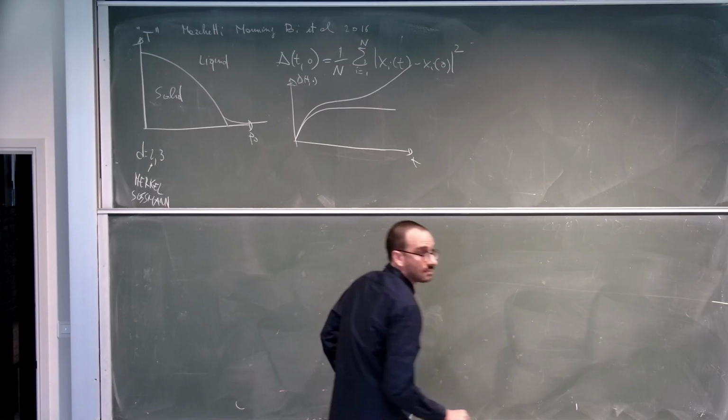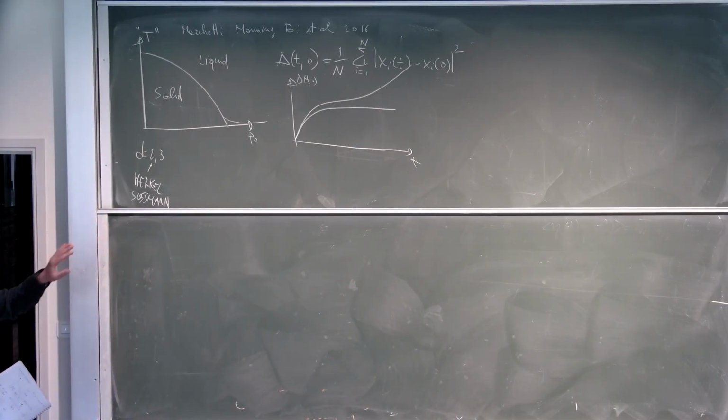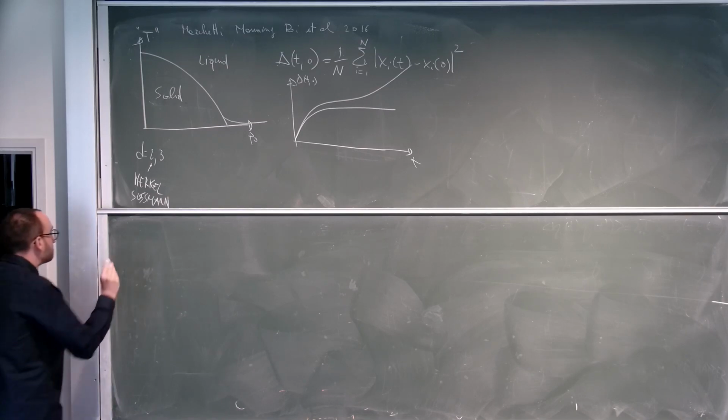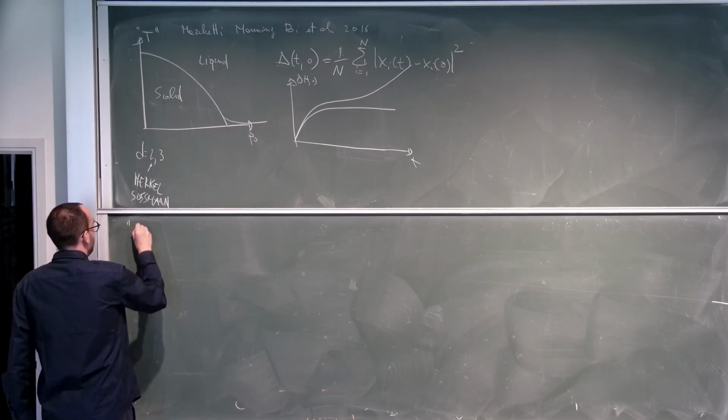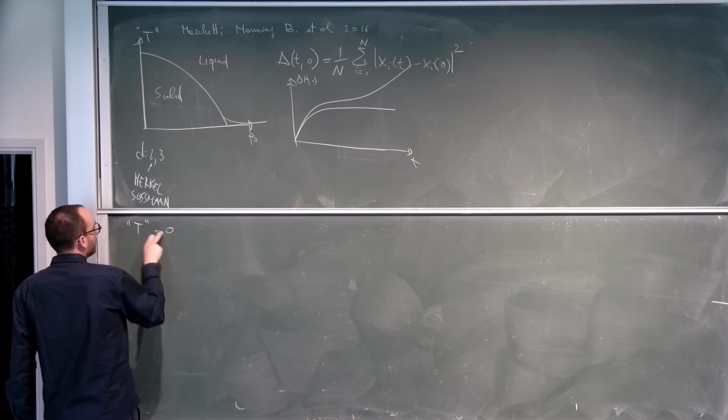Sorry, which order of transition? It's complicated. Let me just describe what happens. So I take T equal to 0, which doesn't mean T going to 0.